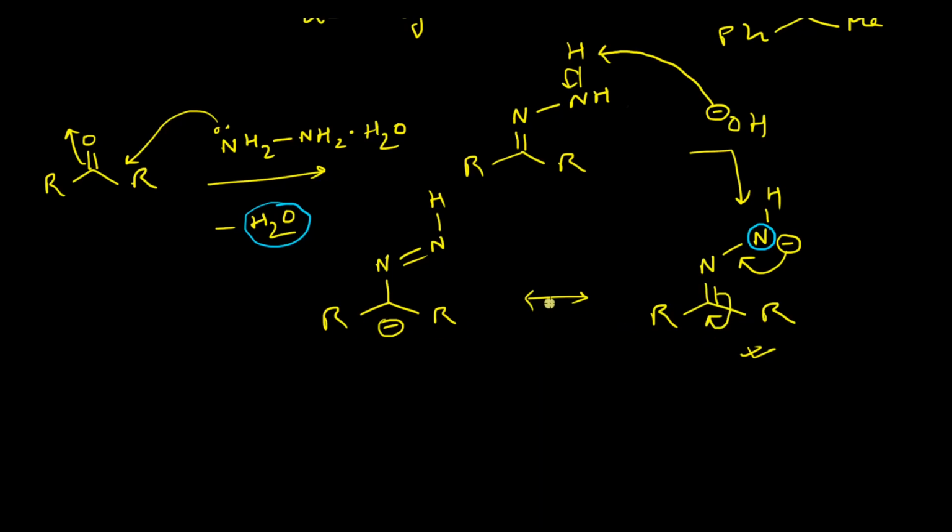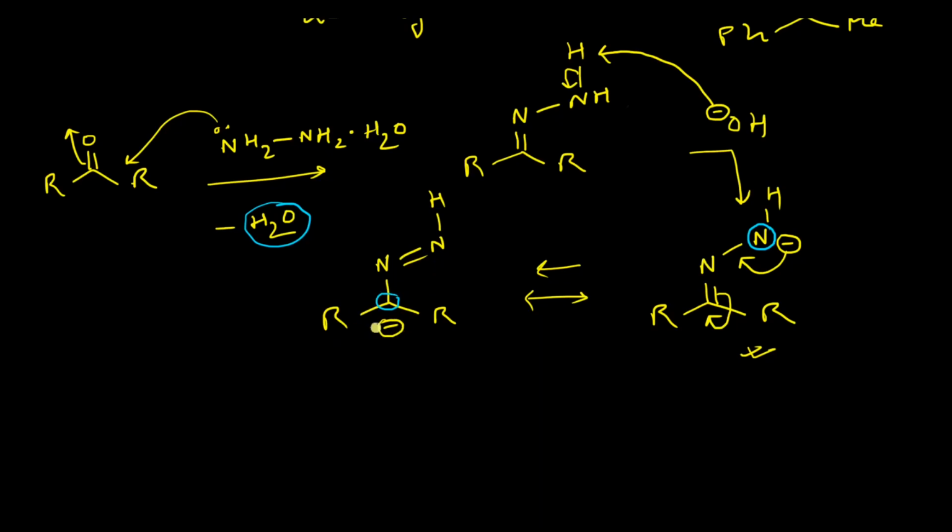So these two forms are in equilibrium in the reaction mixture, and the form where the negative charge is on the carbon atom will be less stable due to the lower electronegativity of carbon, and that's why high temperature is required for this reaction to shift this equilibrium towards the carbanion.